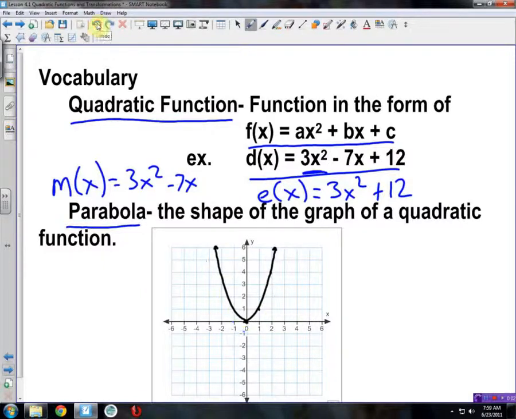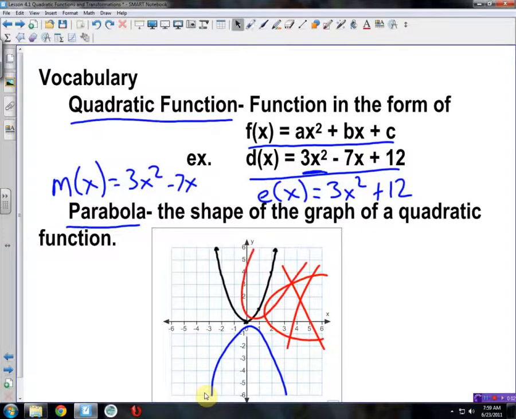That U shape can be facing up like it is now, or down like that. However, it cannot face sideways. That's a no-no. No sideways. Or it cannot be at an angle. It's either straight up or straight down.